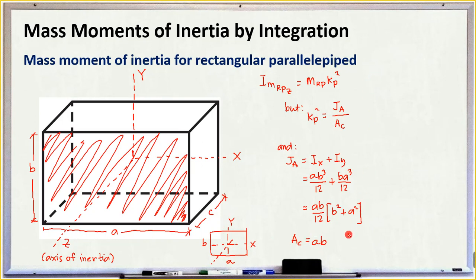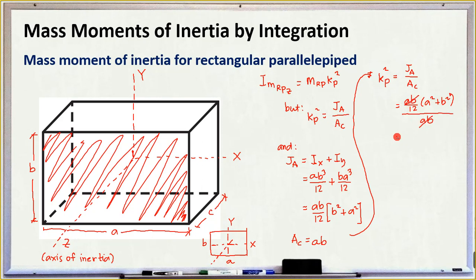Therefore, our polar radius of gyration squared is equal to J over A, and that is equivalent to ab all over 12 times a squared plus b squared, all over the area, which is ab. So, something cancels. Therefore, the polar radius of gyration squared is a squared plus b squared divided by 12.